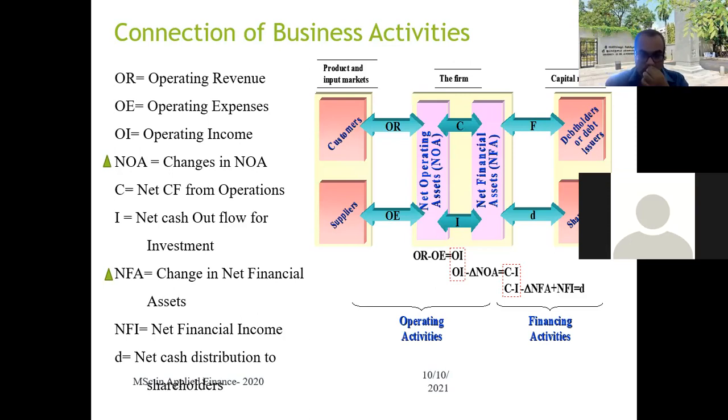In other words, operating income is represented by increase in assets. So on the one hand, you have operating income now. Then we check how much is left in the form of free cash flows.